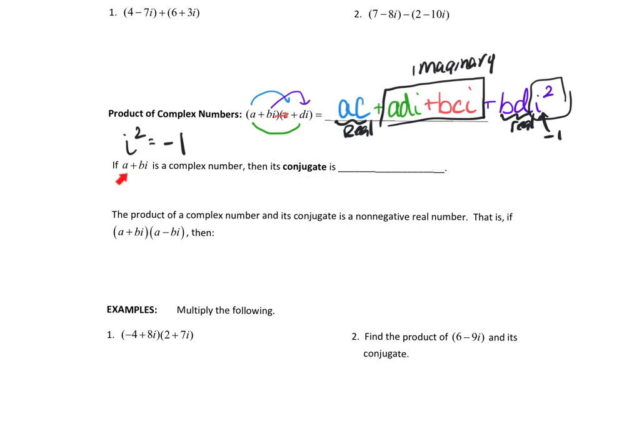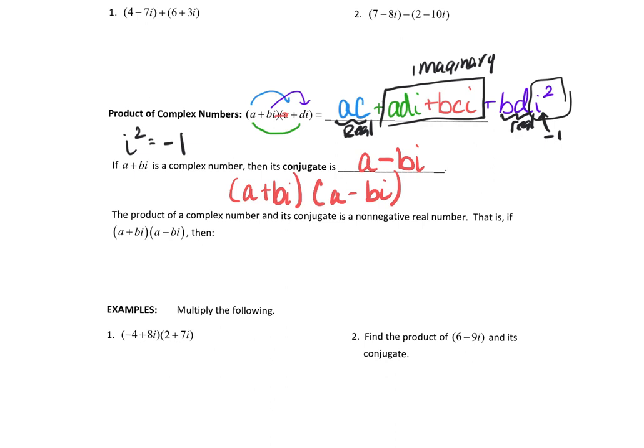And the conjugate of a complex number, A plus BI, is A minus BI. Every conjugate comes in a pair. So you have A plus BI, and its conjugate is A minus BI.